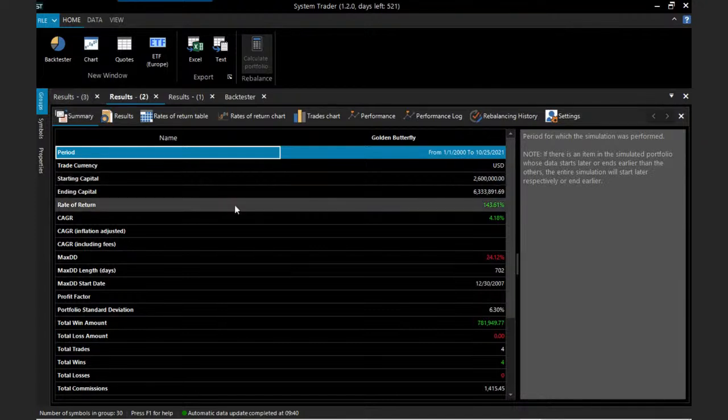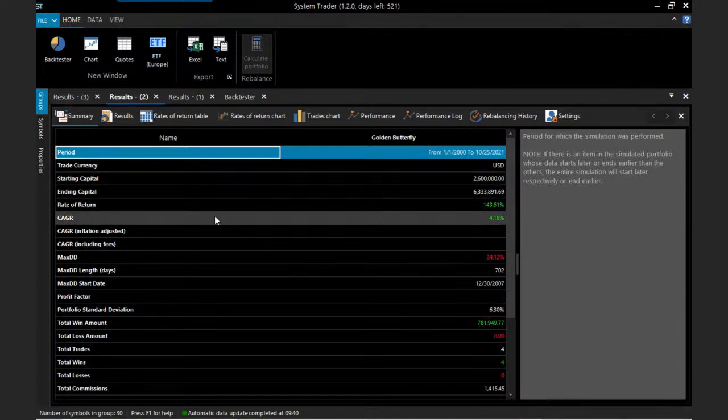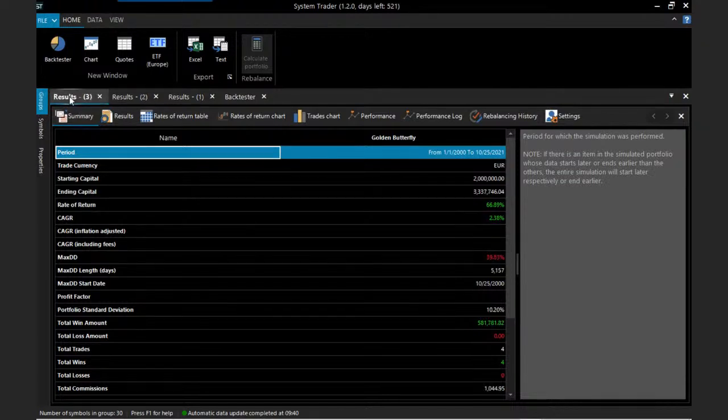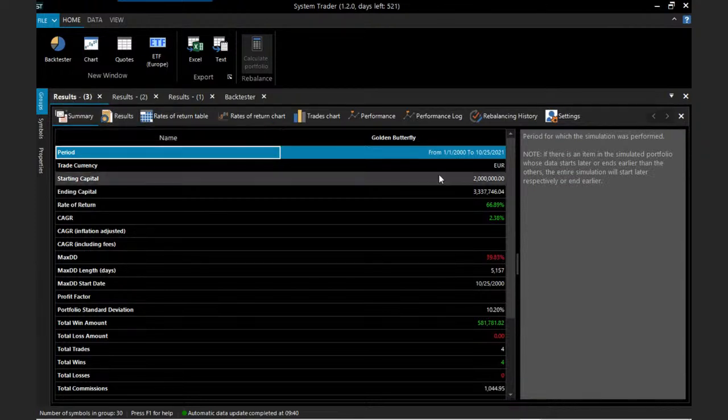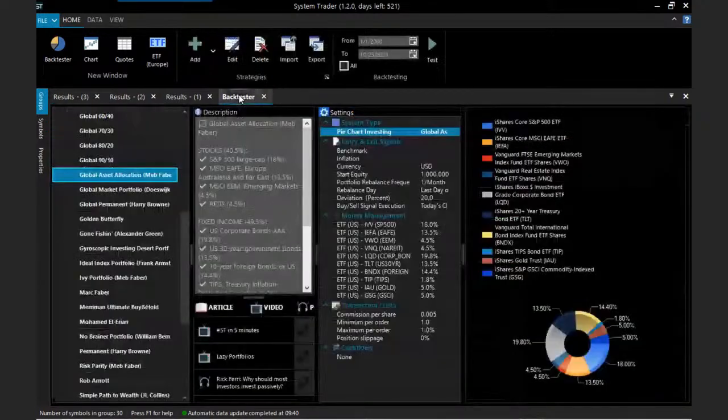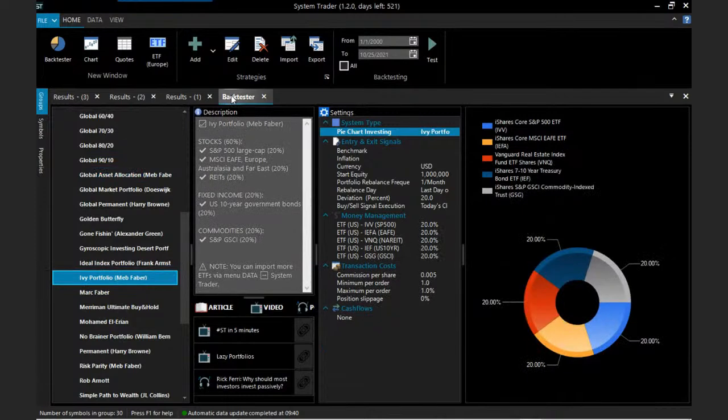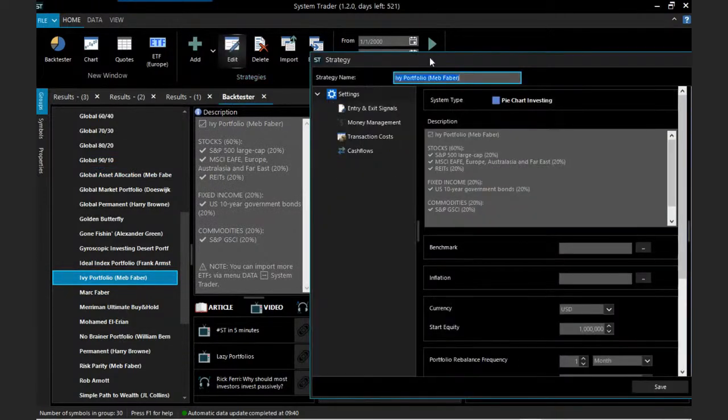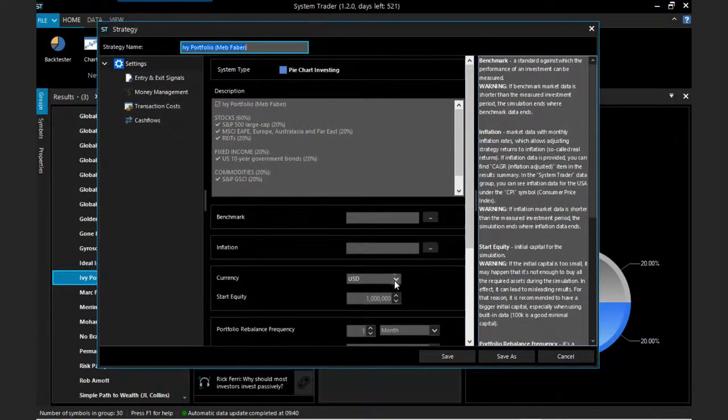The compounded rate of return in the case of American dollars was almost twice as big as in euros. So just to highlight that you should consider such things. And with that software, it's very easy, because if you take any example portfolio and click edit, you can easily change the currency here, so that the application will show you how that works expressed in a different currency.